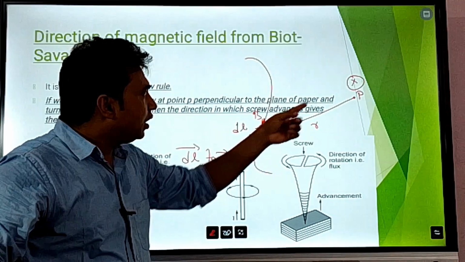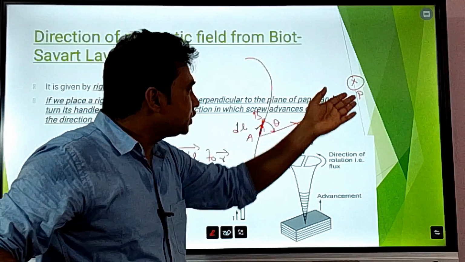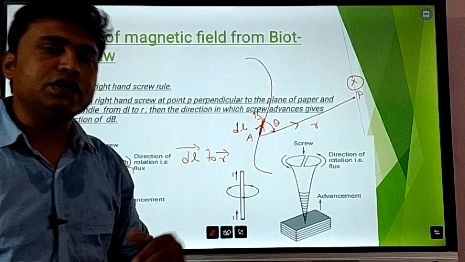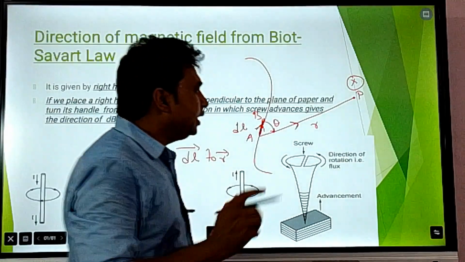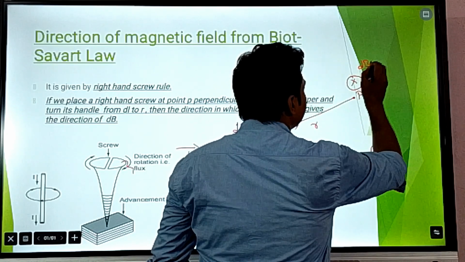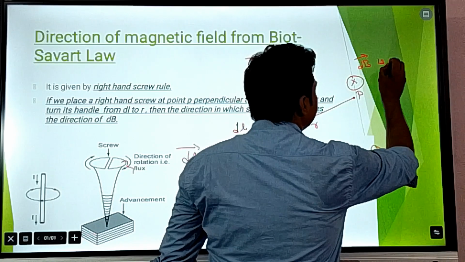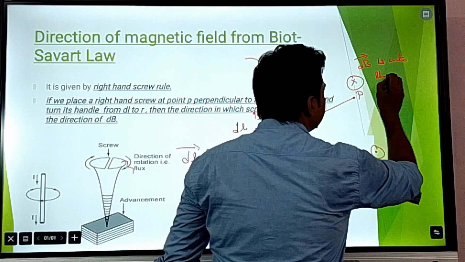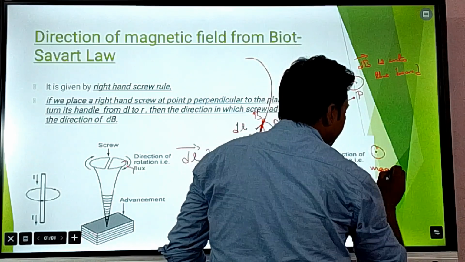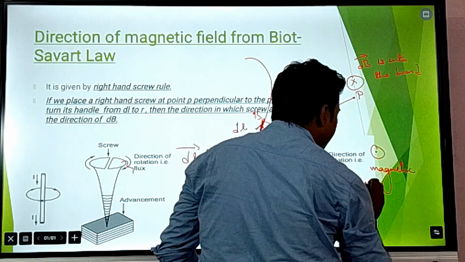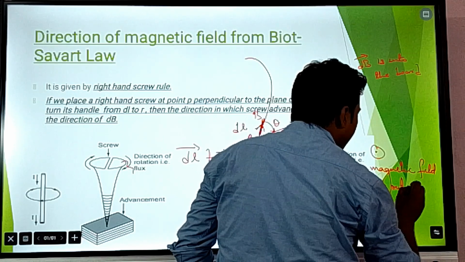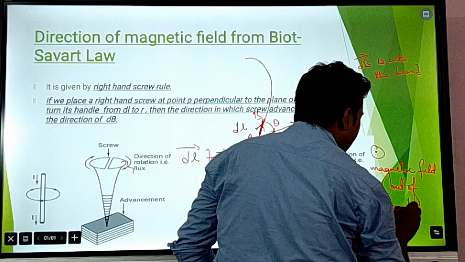And if by rotating the screw it comes out, the advancement of the screw comes out, it means the direction of the magnetic field will be out of the board, and in that case it is represented by a dot. Magnetic field into the board, and magnetic field out of the board.